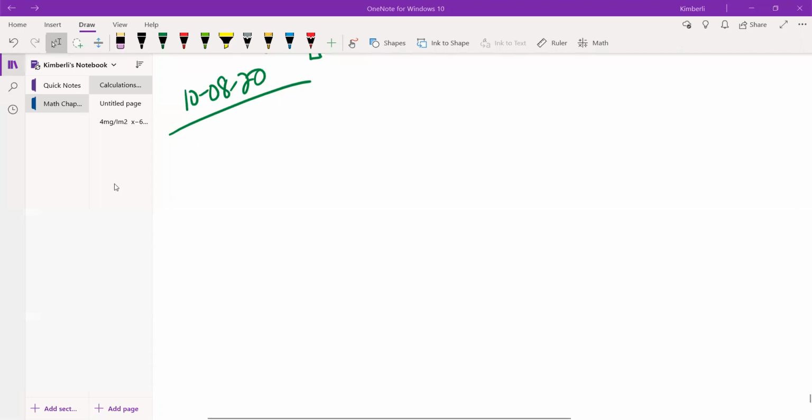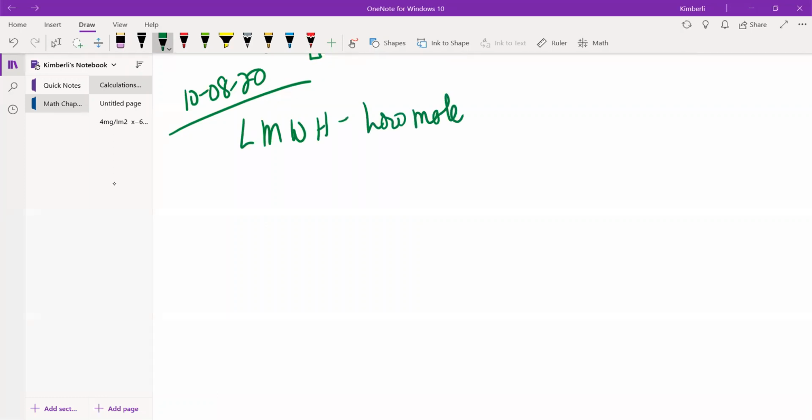There's something called low molecular weight heparin. So the word heparin doesn't just describe heparin, but it also describes a whole class of drugs that do the same thing.